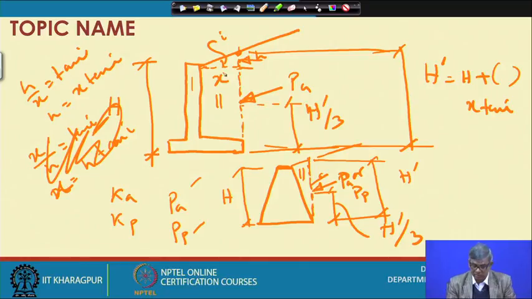Similarly, for this one, the weight of this wall and the weight of this portion also have to be considered for the stability analysis. But stability analysis is out of the scope of this course, so we will not discuss that; we will only show how to find active earth pressure and passive earth pressure by different methods. Okay, so this much here, let me stop and proceed to the next. Thank you.